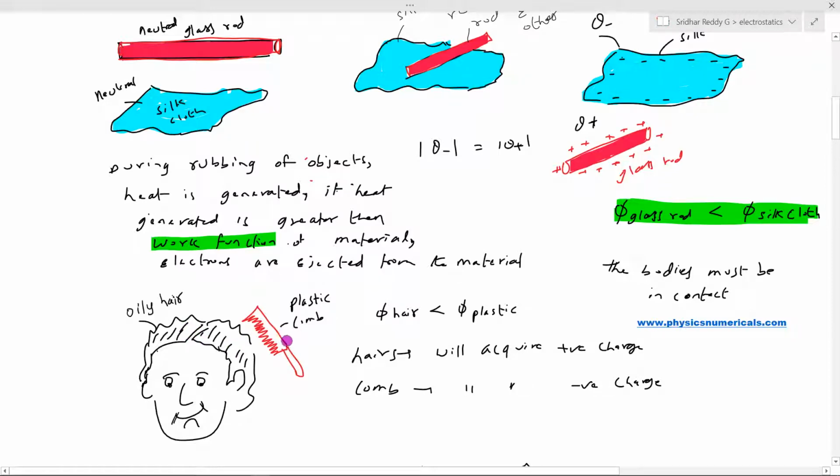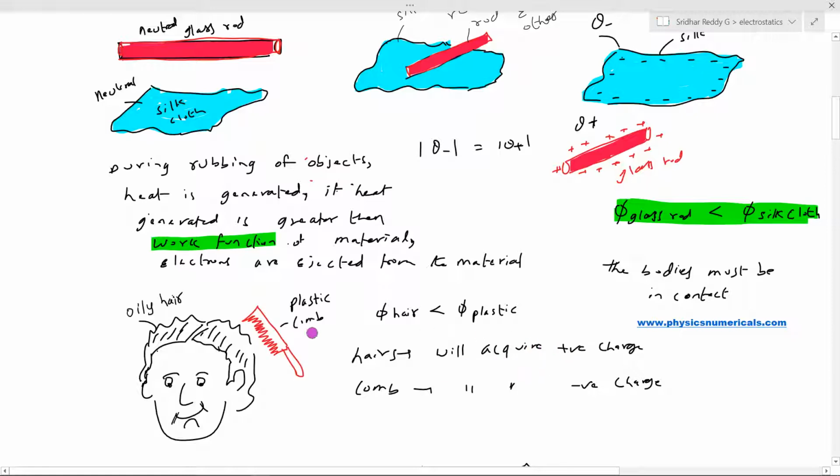Then what I do is I take a plastic comb, or you can even take a scale. When you take that comb and rub it against your hair, just comb your hair, the plastic comb will gain negative charge and the hair will acquire positive charge.